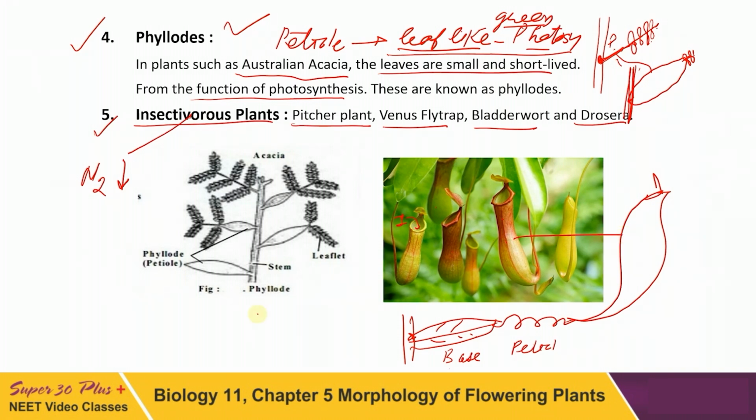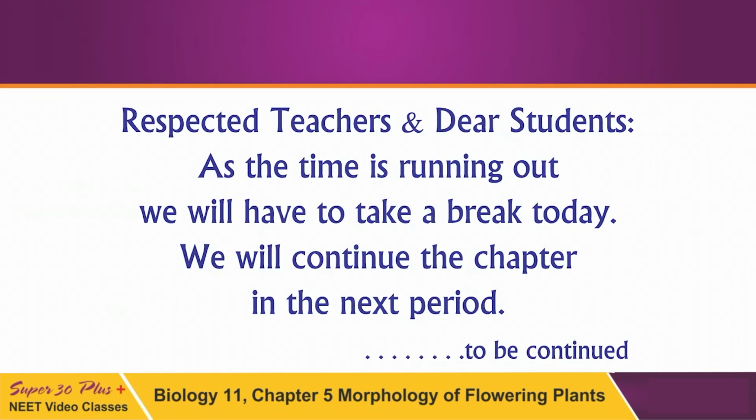This is phylloid, as I told you. This is the petiole. The petiole has become green and flat, that is, leaf-like, and this is known as phylloid. This is part 3, in which I discussed the morphology of leaf. Thank you very much.